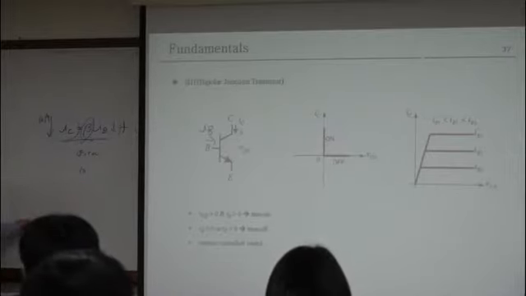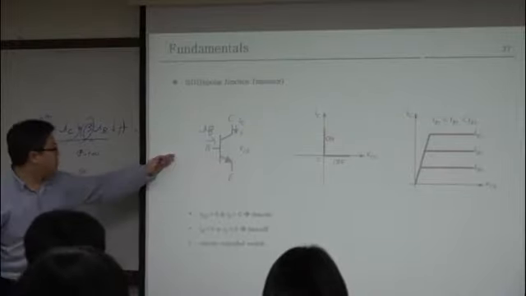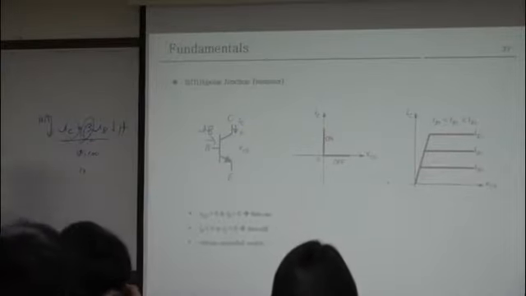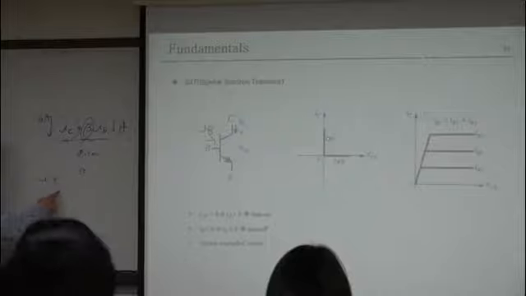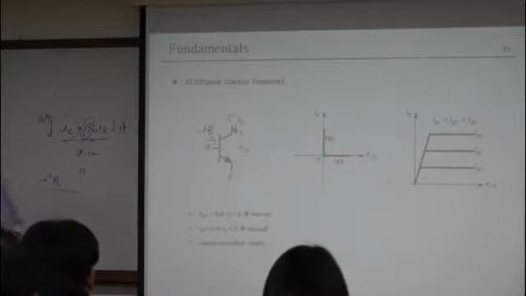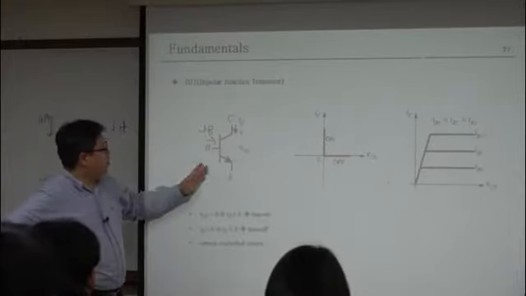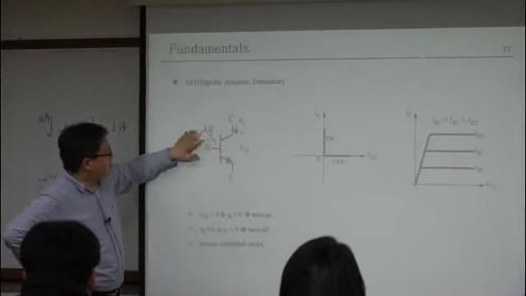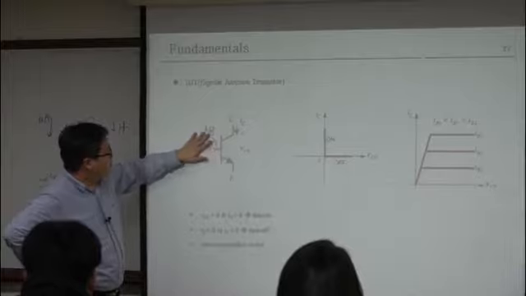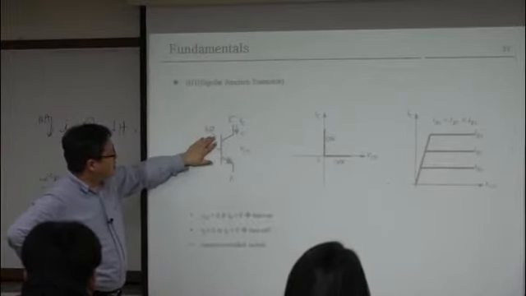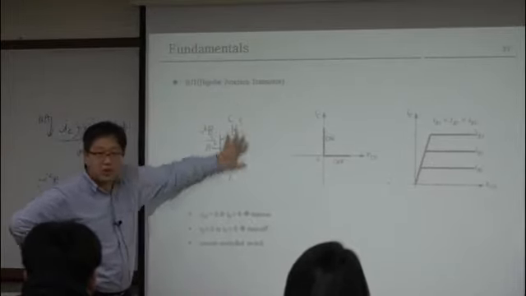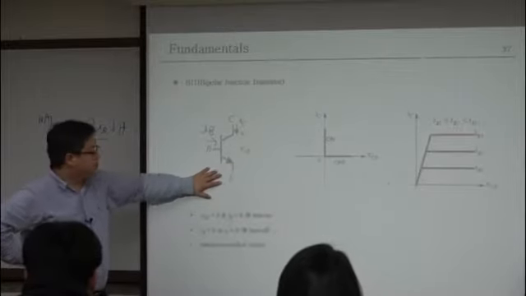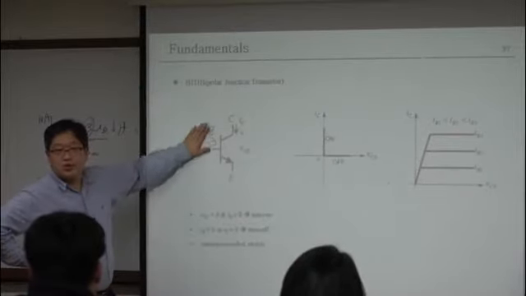Then basically, current is a loss. What? I squared R. If you want to control the I_C, you should flow the base current. Then this doesn't give any action to the real power circuit itself. So that is just a loss.